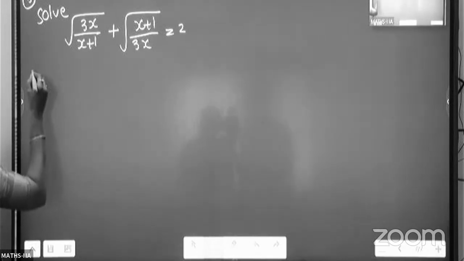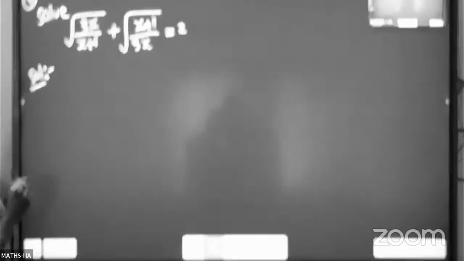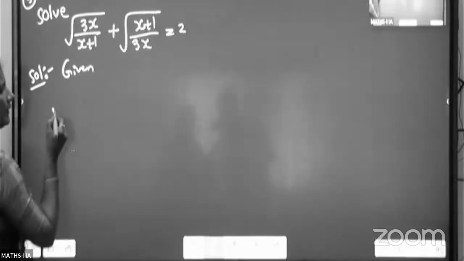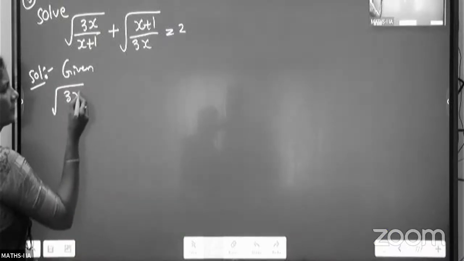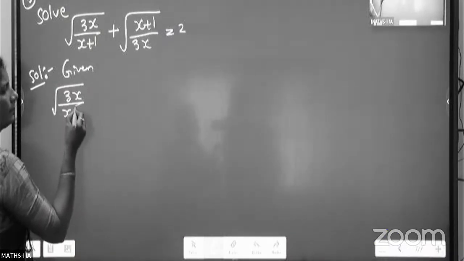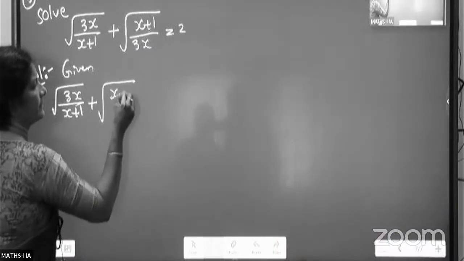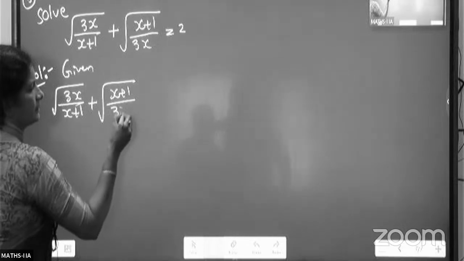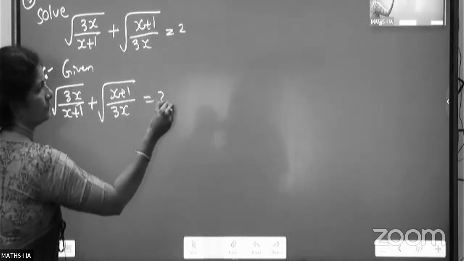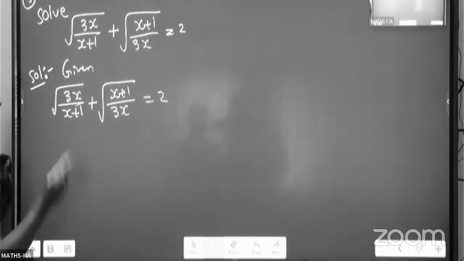So here, the solution goes like this. First take the given expression: under root of 3x by x plus 1 plus under root of x plus 1 by 3x is equal to 2. Here, both are in root.